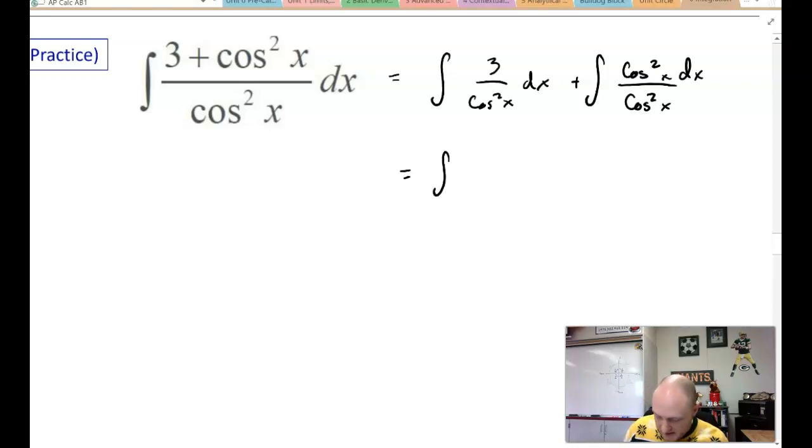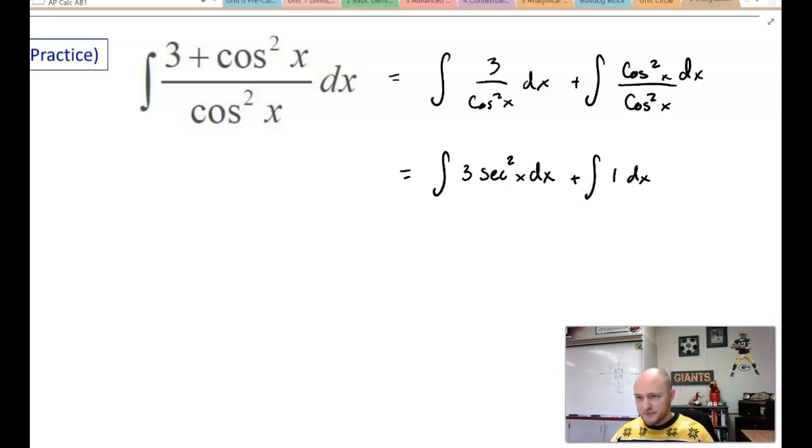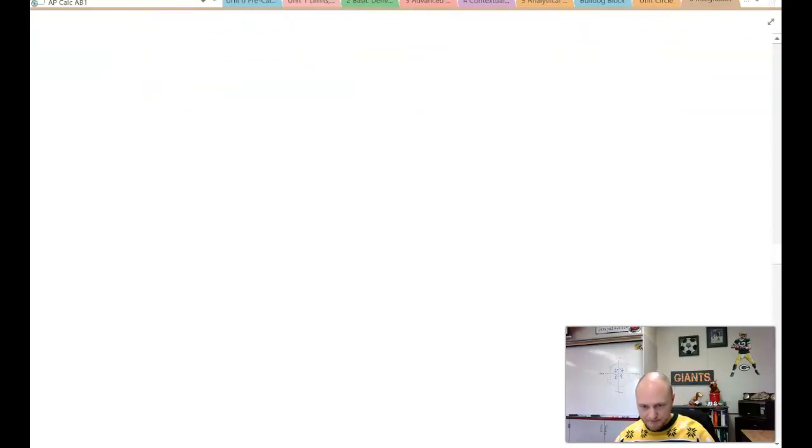Well, this is the same thing as 3 secant squared x dx plus cosine squared divided by cosine squared, which is just 1 dx. All right, pause it there. If you got completely stuck, pause me now before I show you the answer in a second. All right, here is the solution.